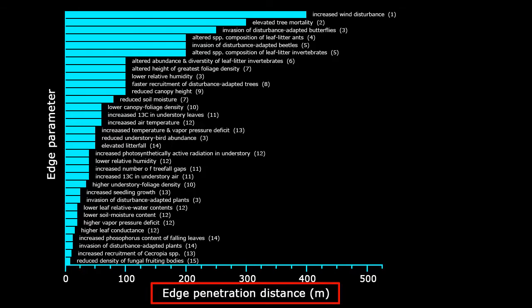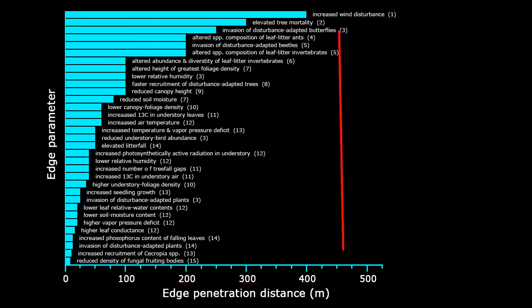So in other words, how far these various edge effects penetrate into a forest fragment, let's say. And you can see a whole variety of different edge effects, and that's partly why I put this up. There are many types of effects that can occur, and some of those effects may be less important than others, but certainly there's some degree of effect.